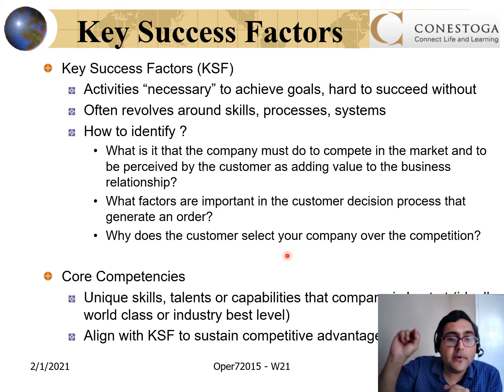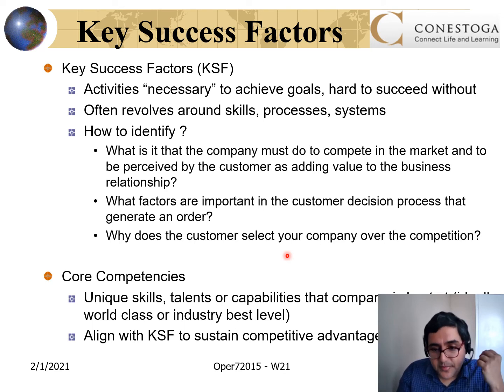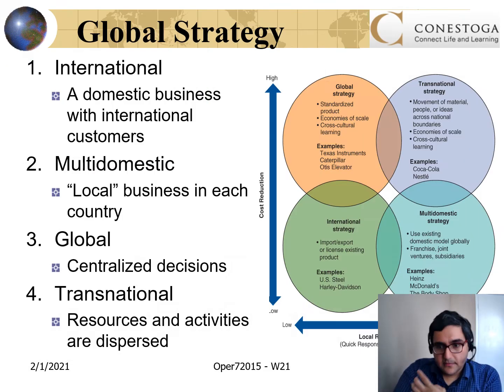So intellectual manpower is your unique skill, your key success factor. The company should be centered around that competency, recruiting more and more people who have these special skills, who are experts in certain things. That's what makes Apple successful.